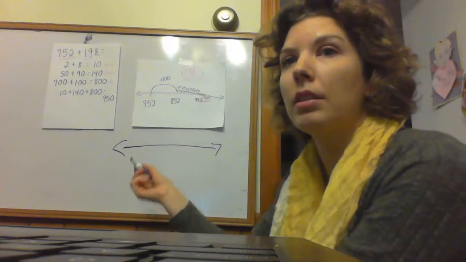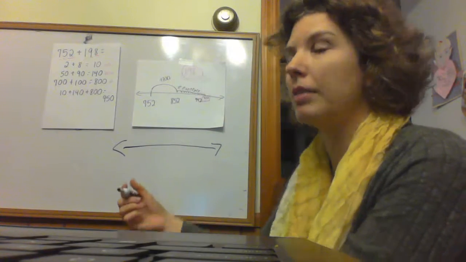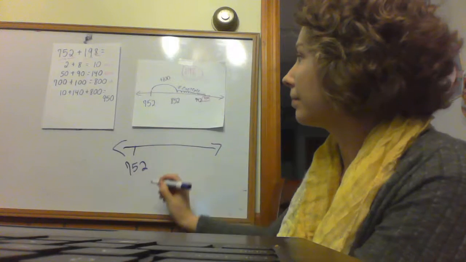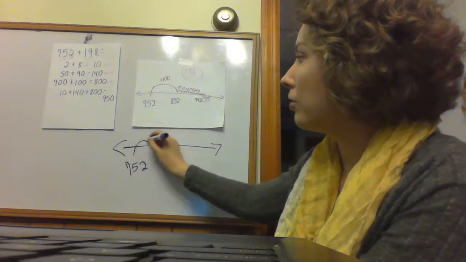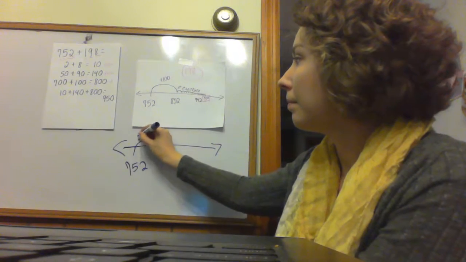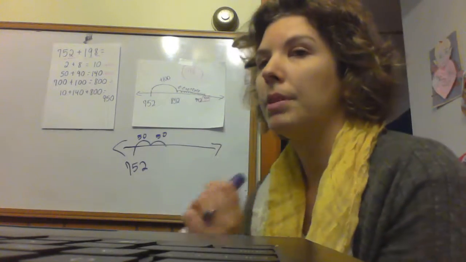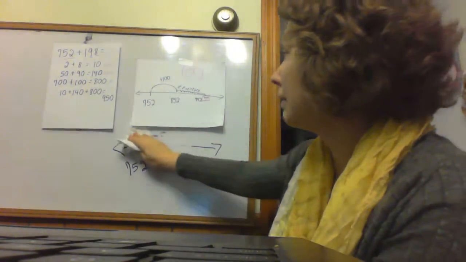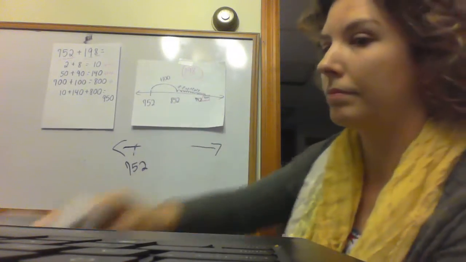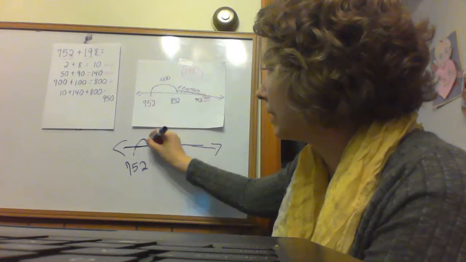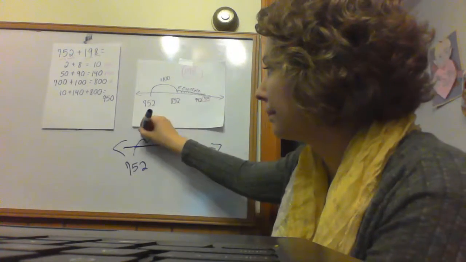Right, so they can start at the larger number, 752. You could make jumps of 50. You could make jumps of tens. 10, 10, 10, 10.